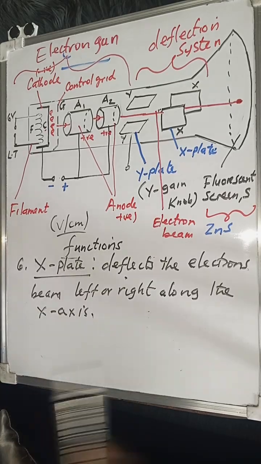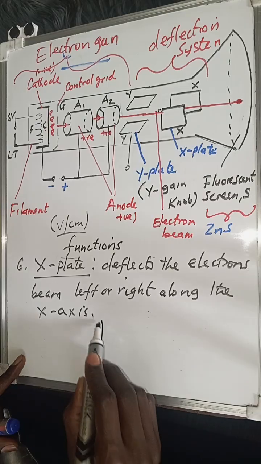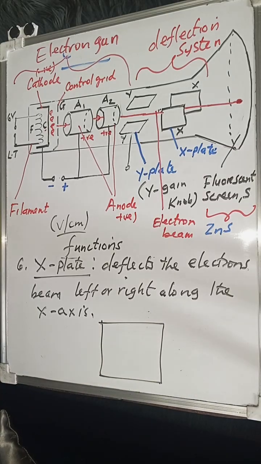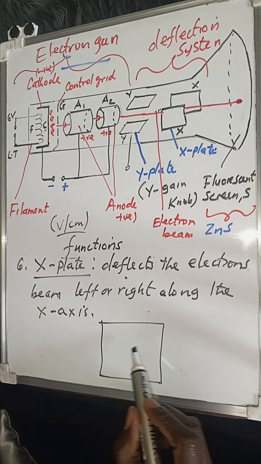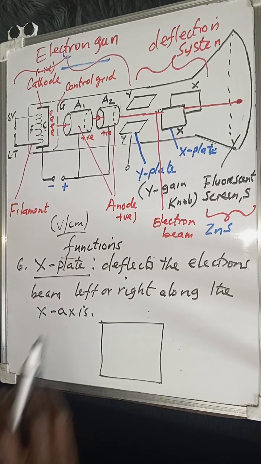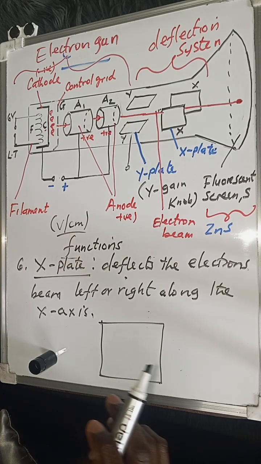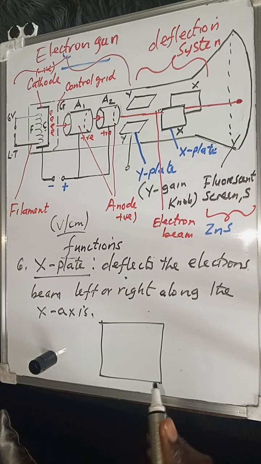So along the x-axis, that is going to be the deflection. So meaning if you have that as your screen, this is what you are going to see happening there.